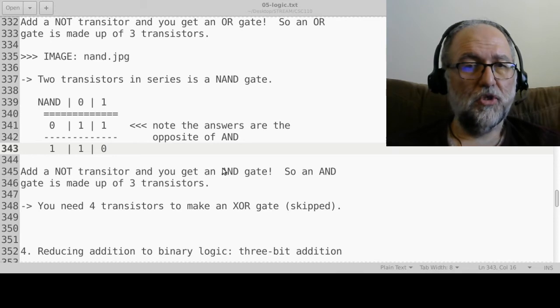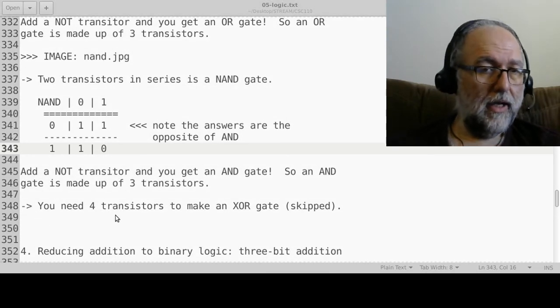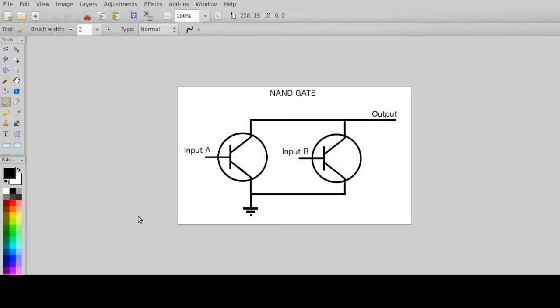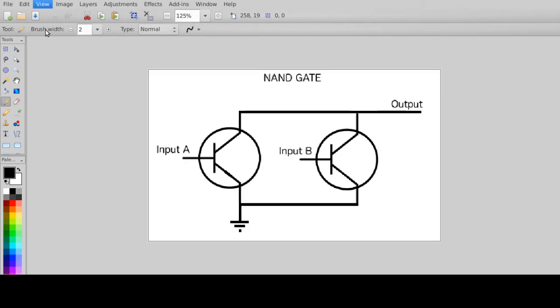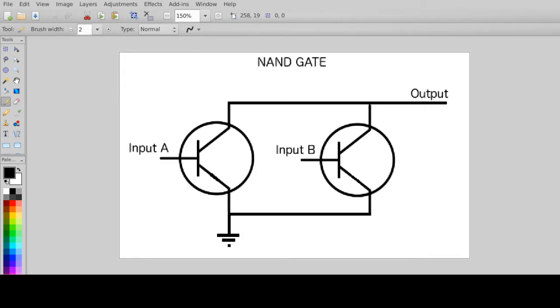Let me show you that. And over here, there we go. There's the NAND gate. Let me make that a little bit bigger for you, so zoom in and zoom in again. Let's follow the flow of electricity. Over here in the NAND gate, let me use blue.